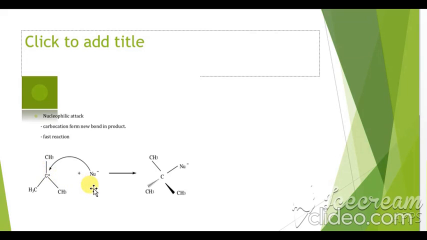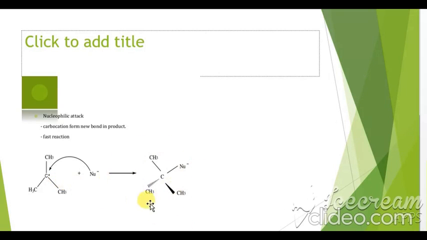So there is a 50-50% chance for the configuration. If it attaches on the same side, in front of the carbocation from where the bromide left, then the molecule will remain the same. The molecule is not inverted.